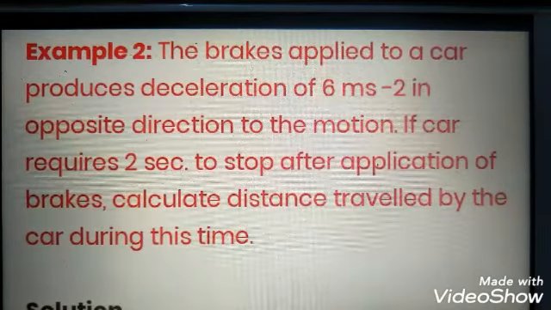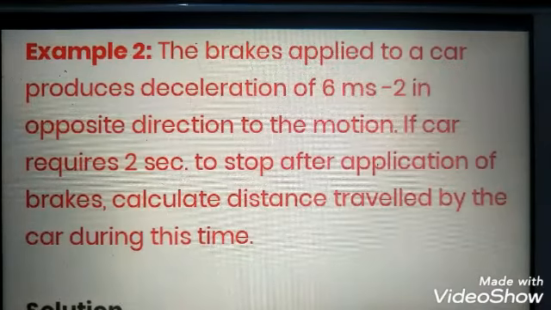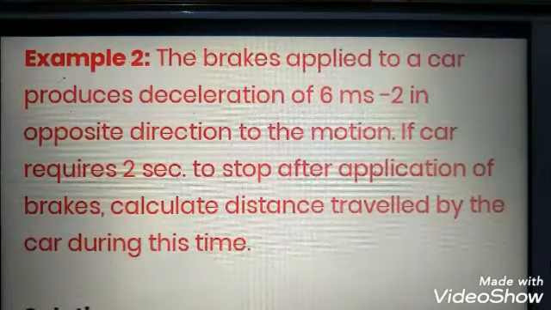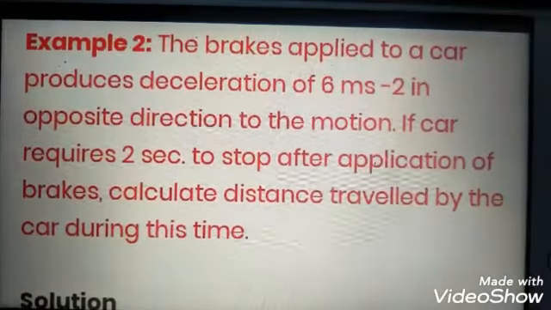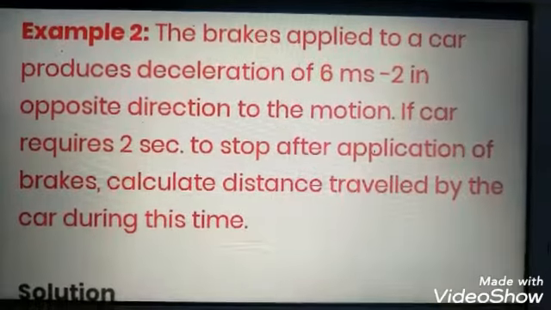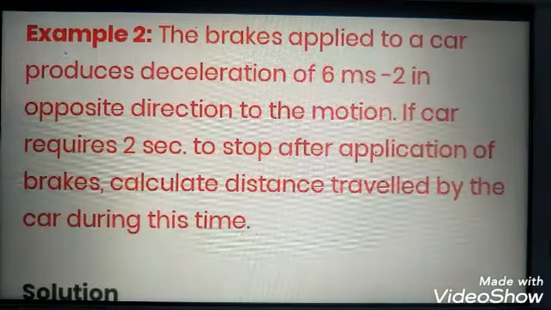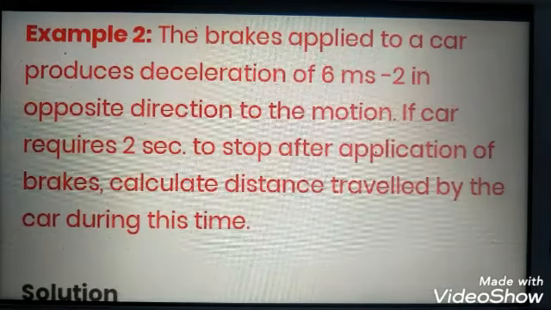Here what is given? Deceleration, that is acceleration is negative here. A is equal to minus 6 meter per second square and the time is given to be 2 seconds. We have to find out in which equation we have acceleration, time and the distance.